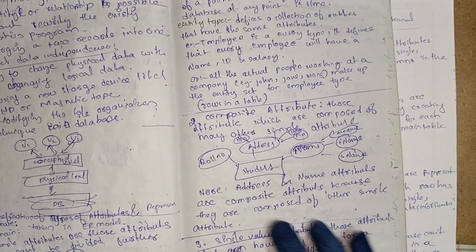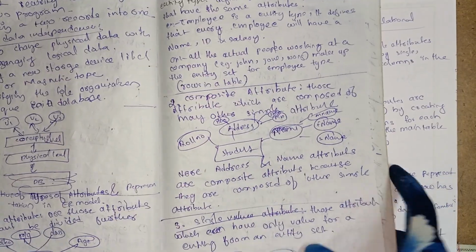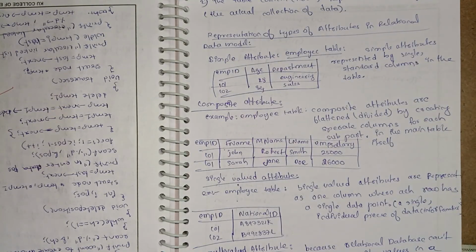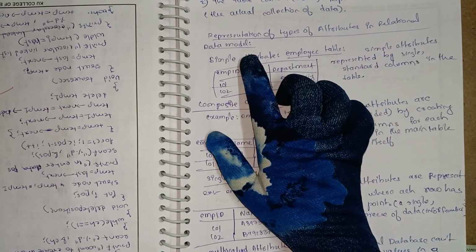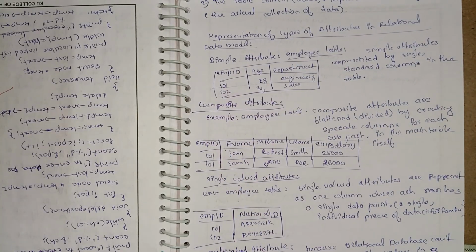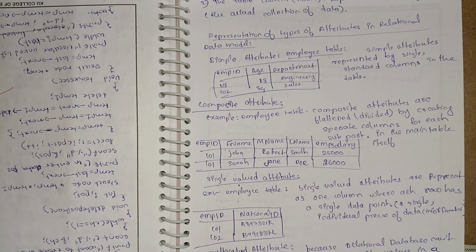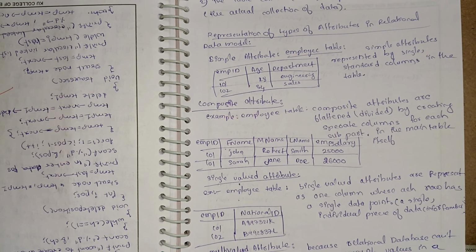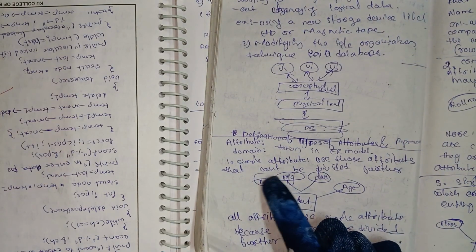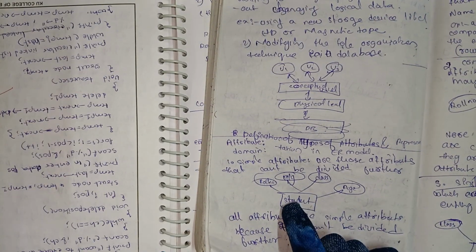So, and then composite. The representation in the relational model, we already know relational model means data will be stored in table format. Okay, and in the ER model we represent the data as a diagram, means in terms of entities, relationships and attributes.